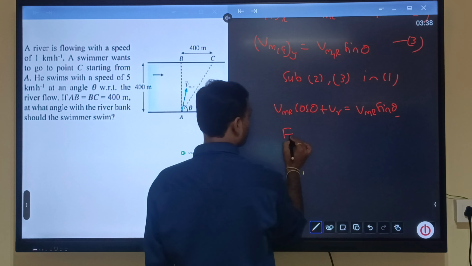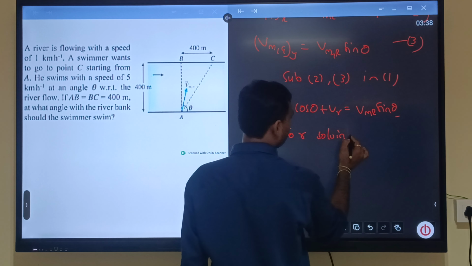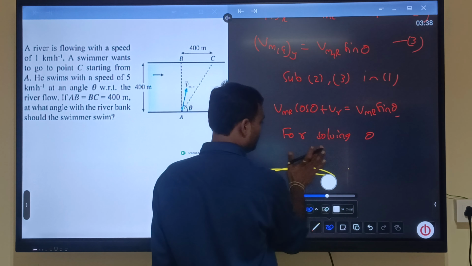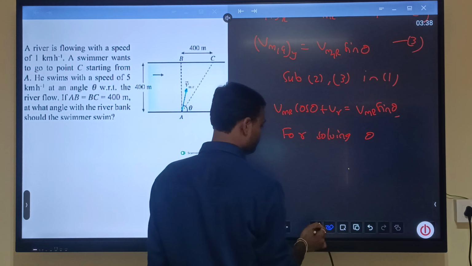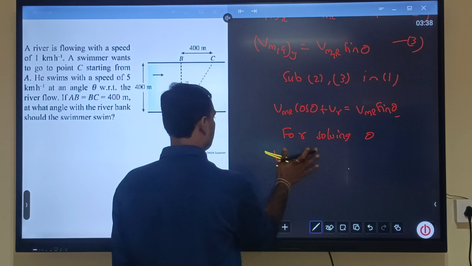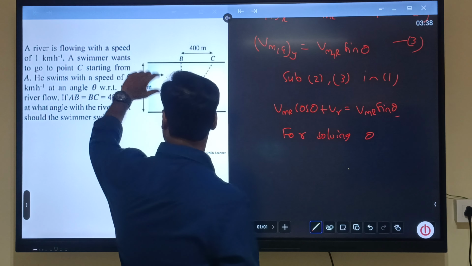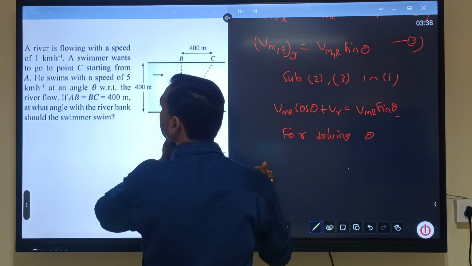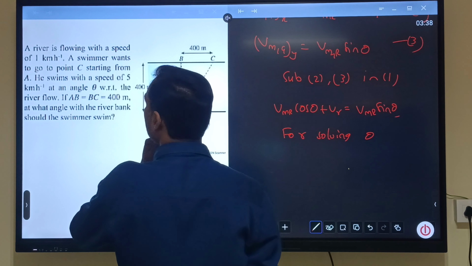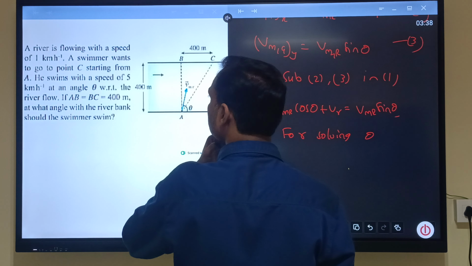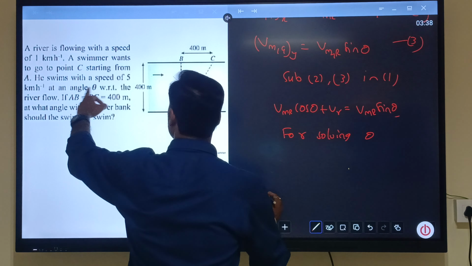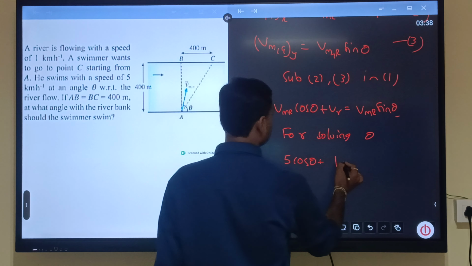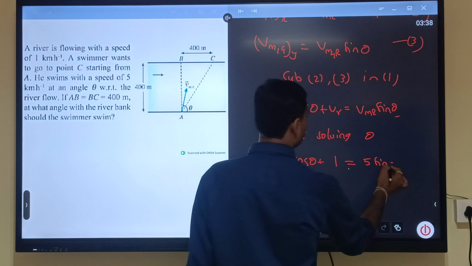Now for solving theta, what I am doing is: the Vmr value, the velocity of man with respect to river, is he swims at a speed 5 cos theta, river is flowing with 1, 5 sin theta.